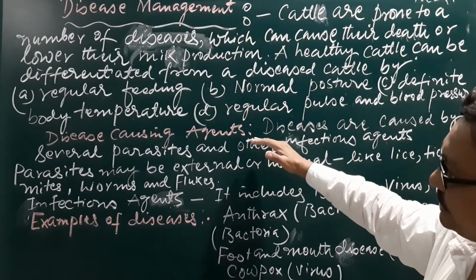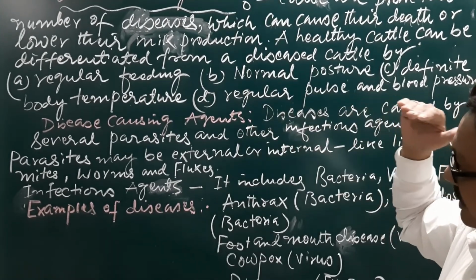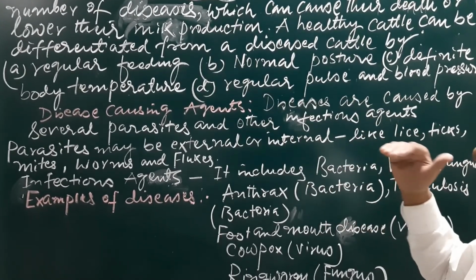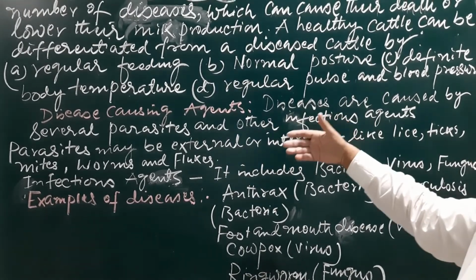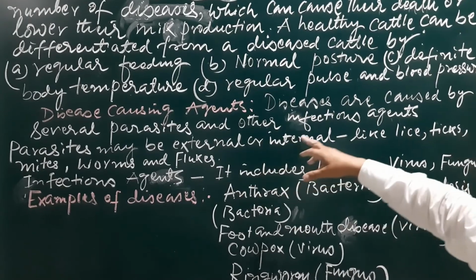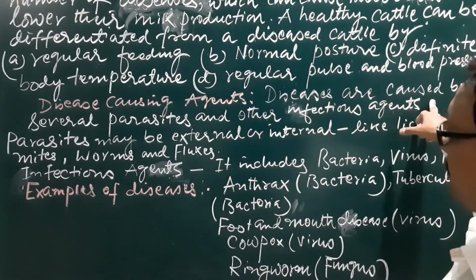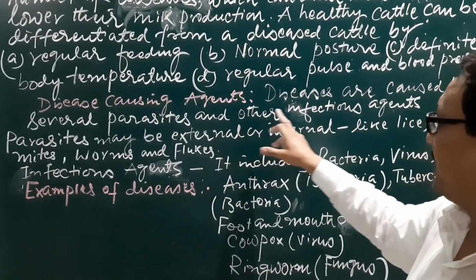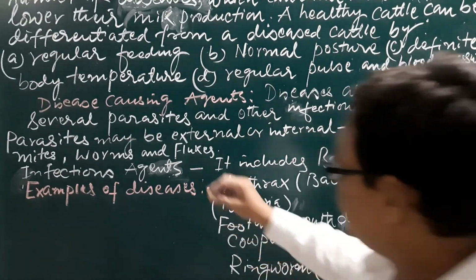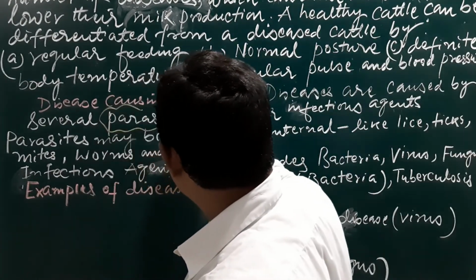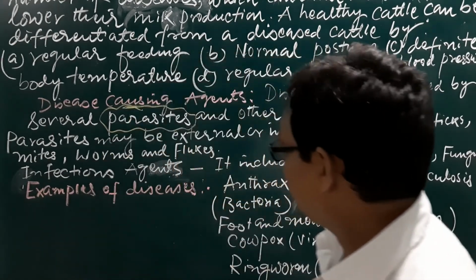Now, what are the different agents which cause diseases in the animals or the cattle about whom we are talking? Diseases are caused by several parasites and other infectious agents. Parasites for the animals may be of two types, external or internal.